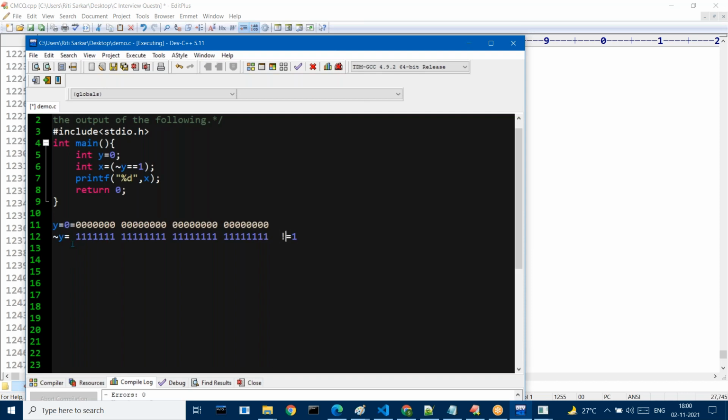But still, if you want to verify, you know how to verify. Sir, this 1 means negative. Final answer will be -1. But what about the value? To get the value, take the remaining number, make it 1's complement, and then go for +1.